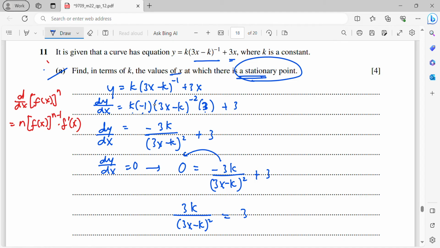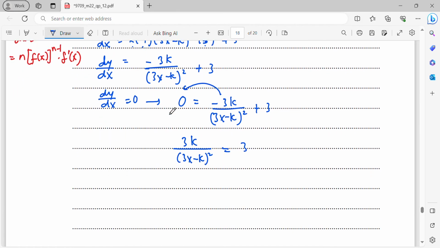And now you need to find x. So this whole denominator moves up. I will get 3k equals 3 times (3x minus k) squared. Now the 3 from both sides can be cancelled off. Because we need to find x, no need to do expansion. So I will just write k equals (3x minus k) squared.